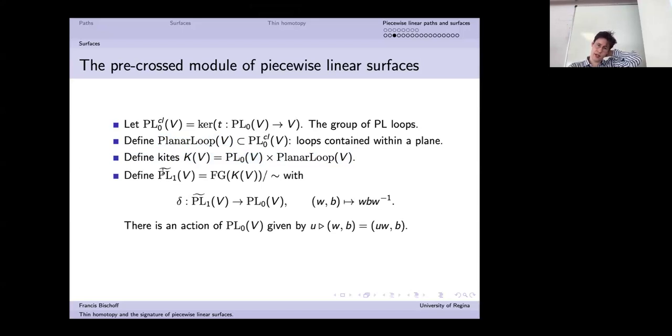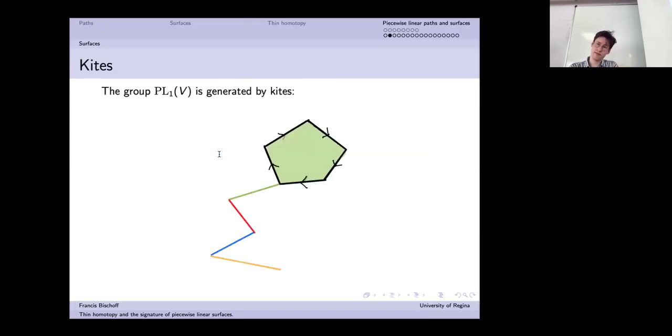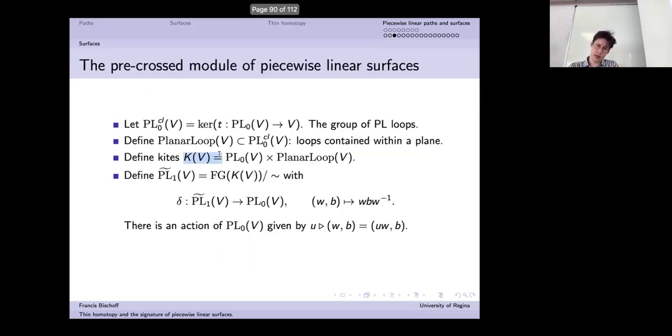So now I'm going to define a group in this way. I'm going to take the free group generated by these kites. Again, a kite is a picture like this. It's a planar loop along with the tail path.